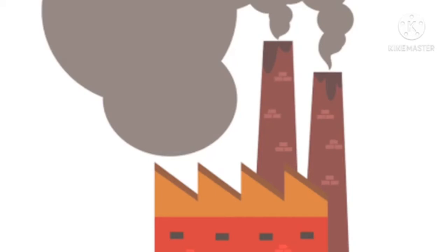Air becomes polluted when toxic and undesirable substances like harmful gases, dust, smoke, etc., are released into the atmosphere. This affects the health and the well-being of all those who breathe it.